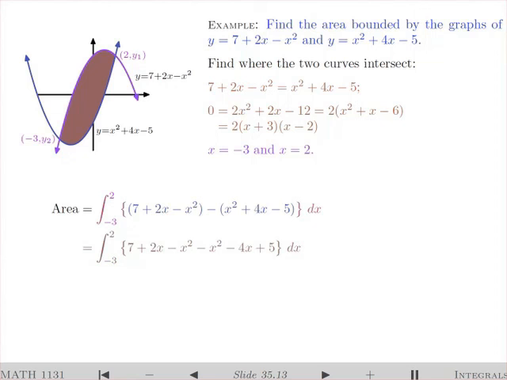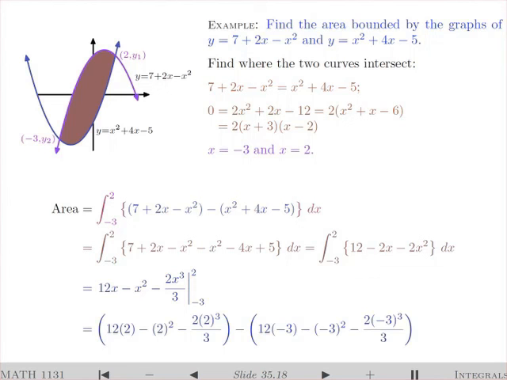Simplify, distribute the minus and combine like terms, which gives me 12 minus 2x squared. Then integrate term by term using the power rule, and then take the net change. So substitute the upper bound, that's 2, the lower, that's negative 3, and then subtract, and that's the area. I will leave the arithmetical calculation to you.